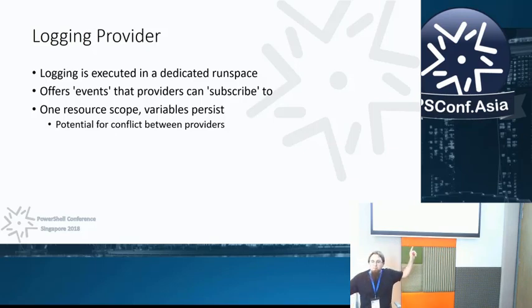Since the individual script logs need to pass information to each other, everything is running in the same scope. So if you have a naming conflict with a variable from a separate logging provider, you could be screwing with yourself at that point. Unpredictable event. I usually just say prefix the variable name with the logging provider name, but it can only be one logging provider with a specific name.